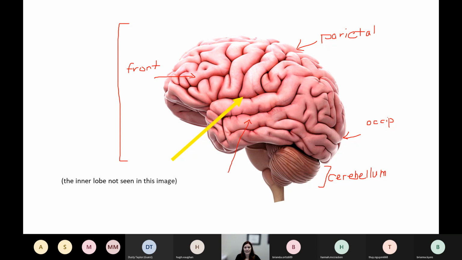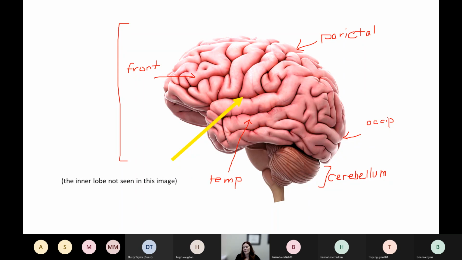The last lobe we can see on the outside is called the temporal lobe. This lobe is primarily responsible for the sense of hearing, since it's right next to the ear. But this lobe also helps you out with the sense of smell, the temporal lobe.